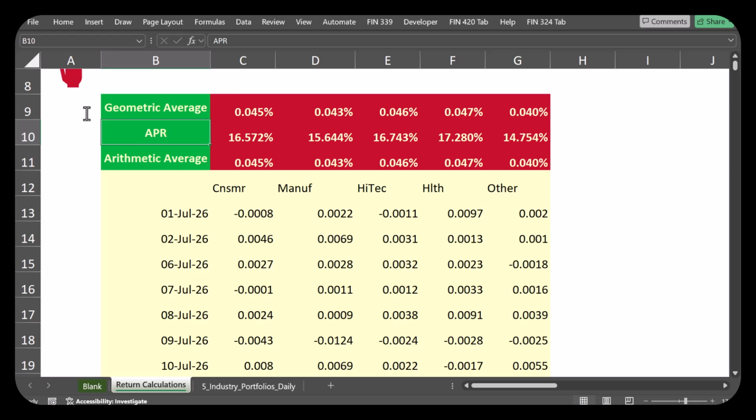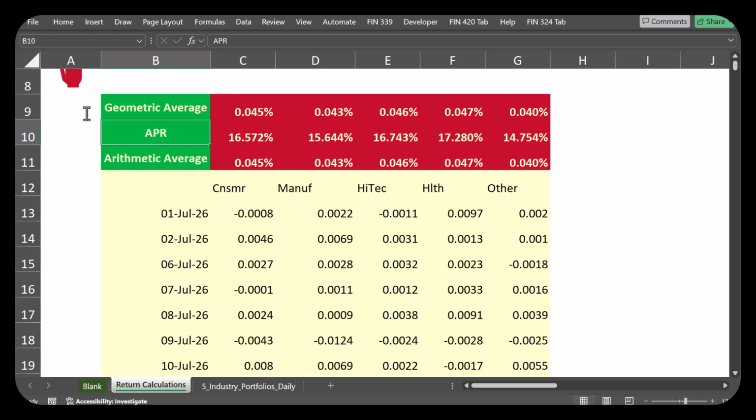If I randomly picked one of these days, what is the expected return that I get? So if I randomly picked a day, recorded that day, and repeated this experiment infinitely many times, what would have been the average of those returns? That's what arithmetic average is.